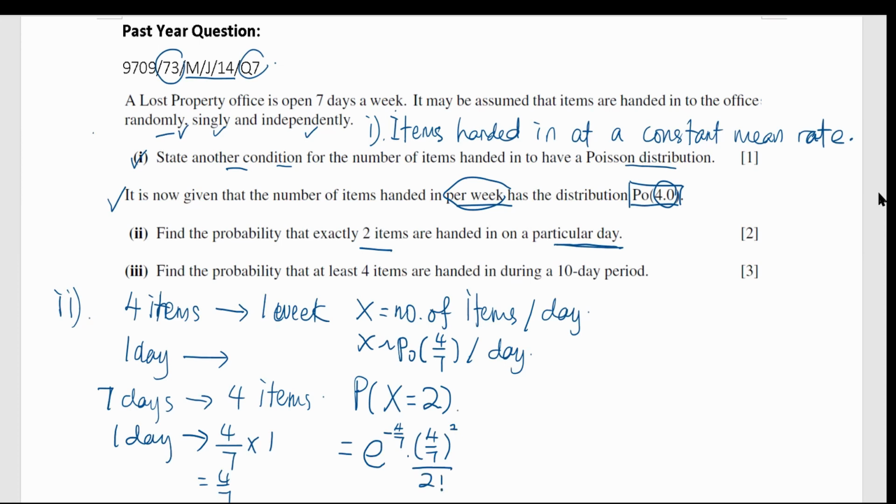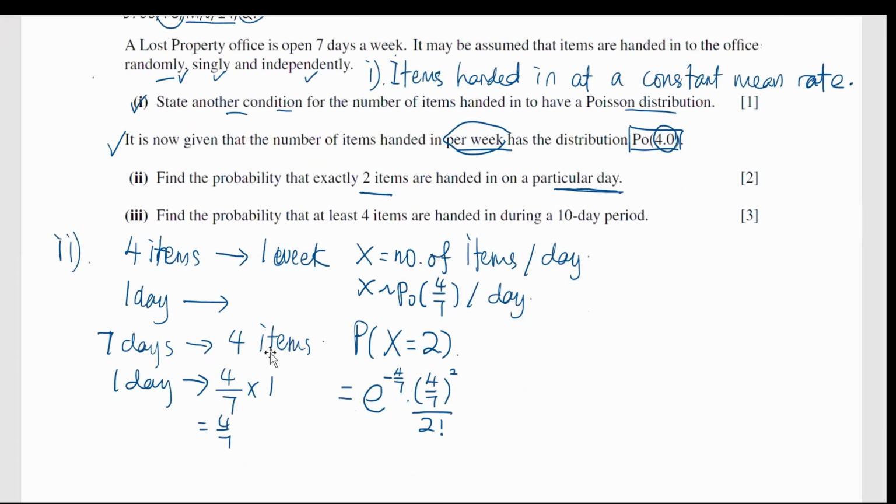Then you can press the calculator and you will get the answer, which equals 0.0922.